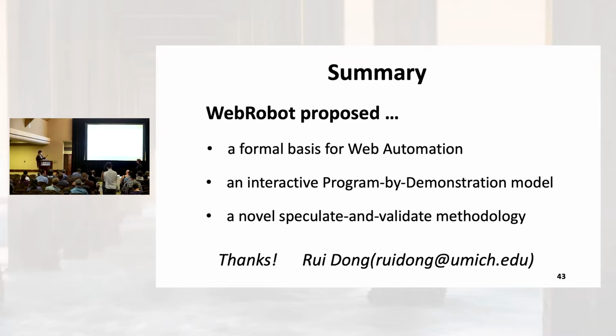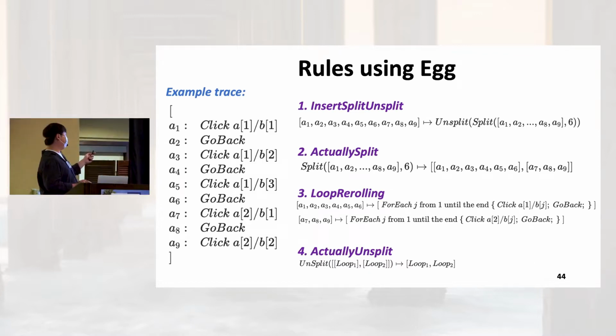Actually, we have tried to implement this using egg, and we wrote some rules in egg using the e-class analysis. But one thing we observed is that if you want to rewrite programs, you first need to split them, and such splitting takes a significant amount of time if the trace is very long.